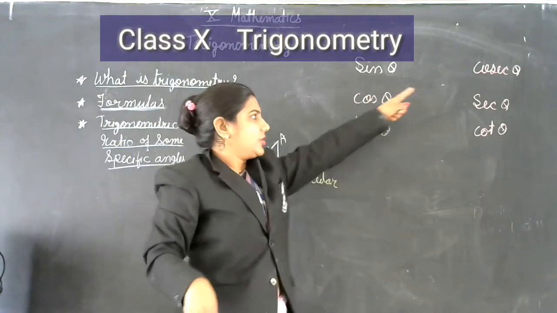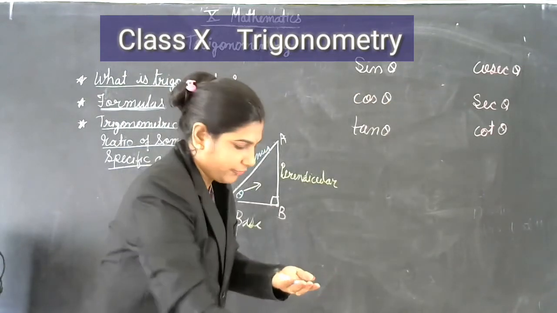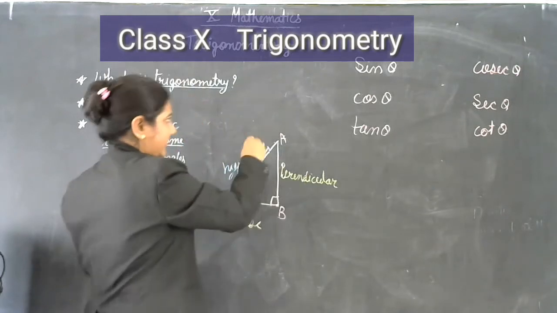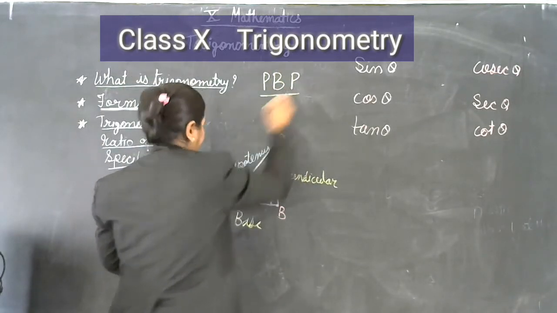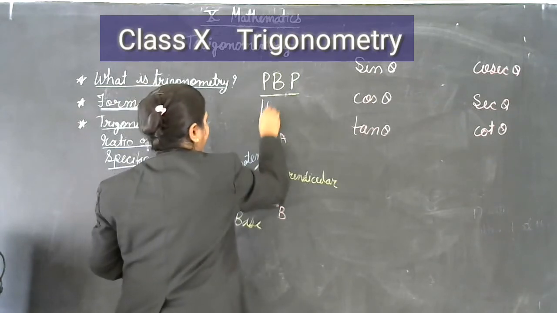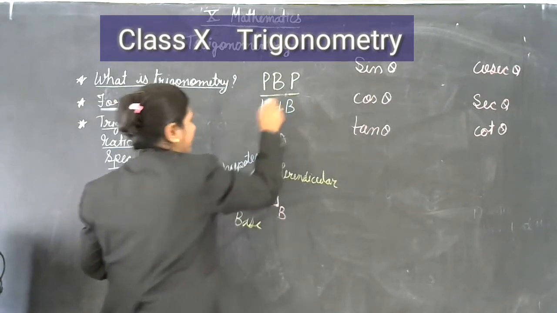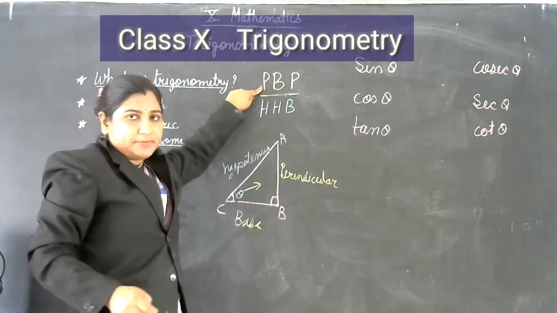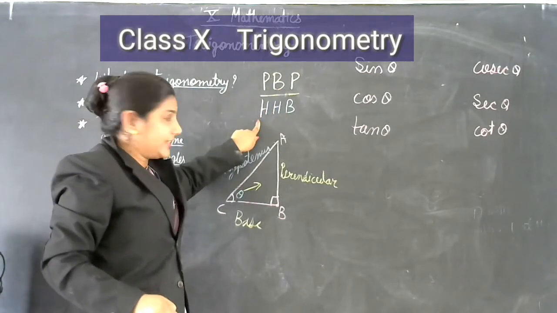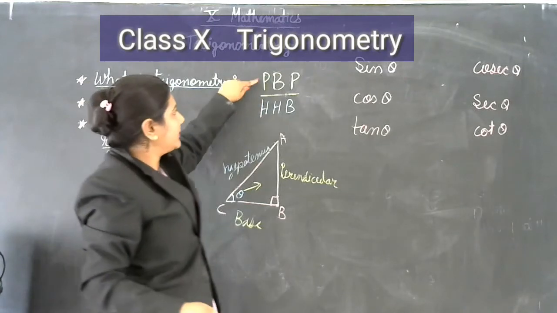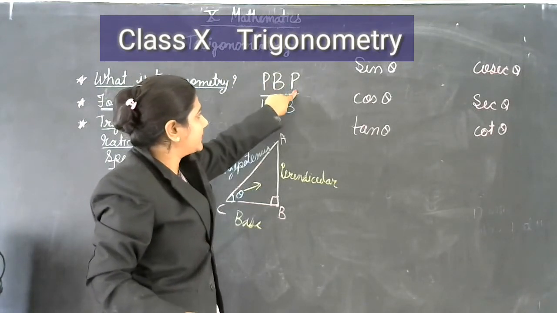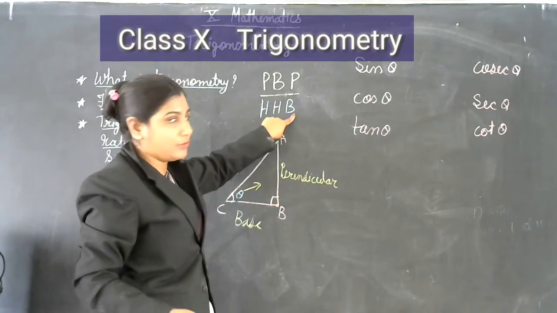For learning the ratios, remember one thing: P, B, P and H, H, B. Here P is perpendicular, B is base and H is hypotenuse. For learning this, remember: Pandit, Badri, Prasad, Har, Bole.